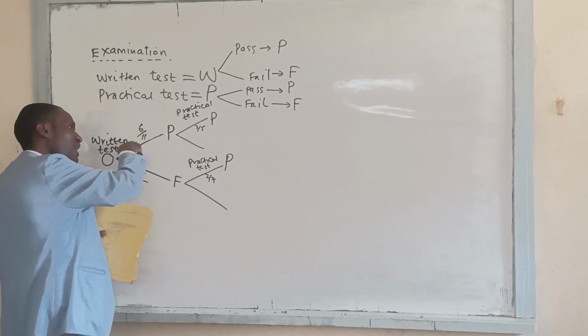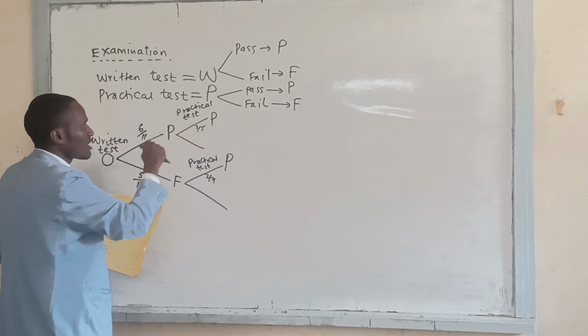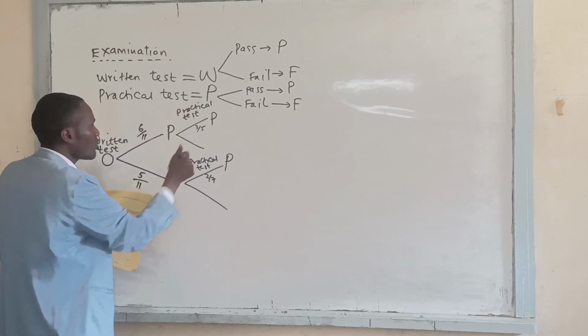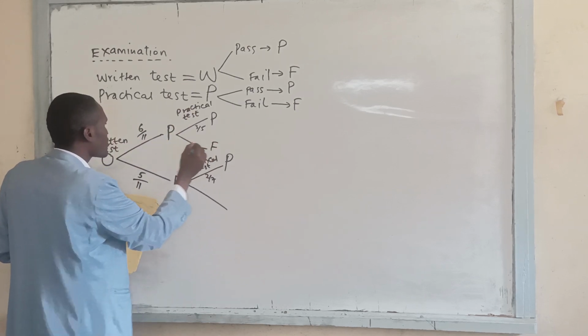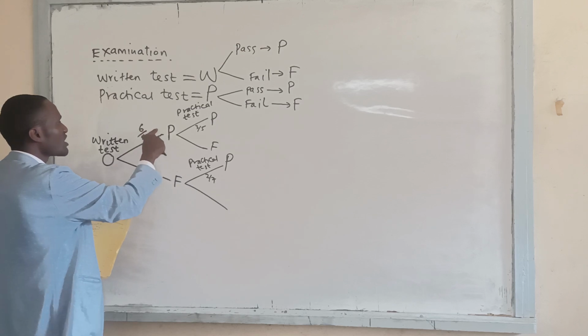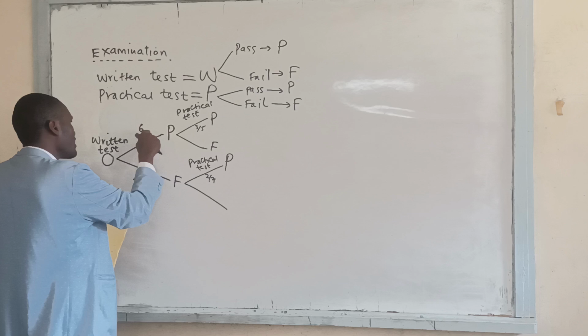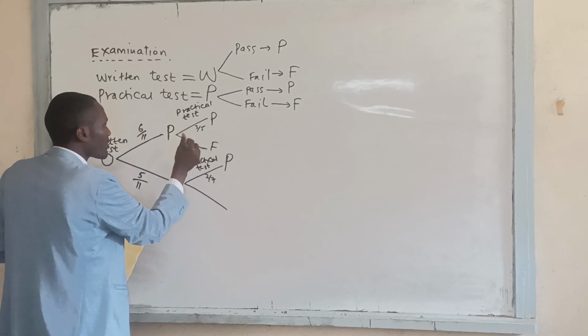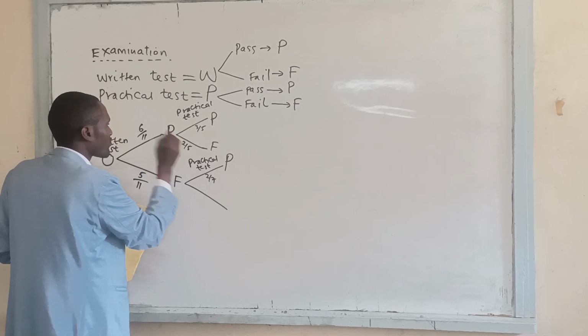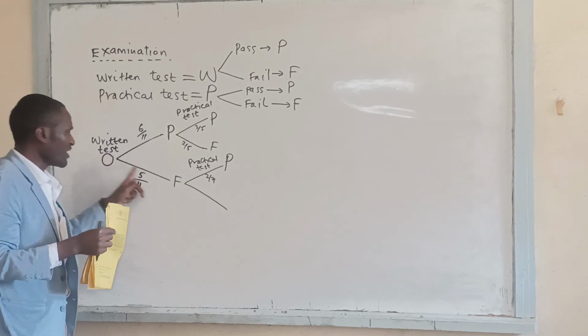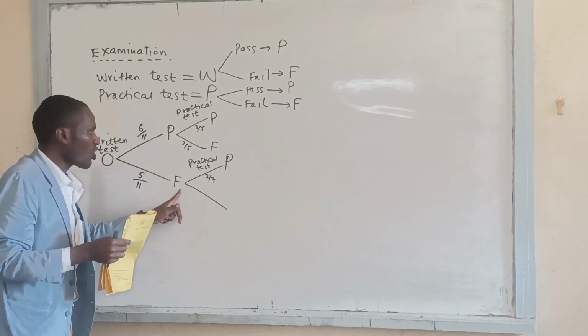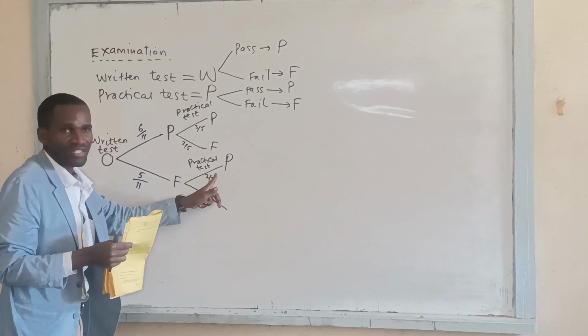And this is 3 over 5. Then I can still pass the written test and fail the practical test. If I pass the written test and fail the practical test, the probability is 2 over 5. Now, I have failed the written test. The probability of passing the practical test is 2 over 7.